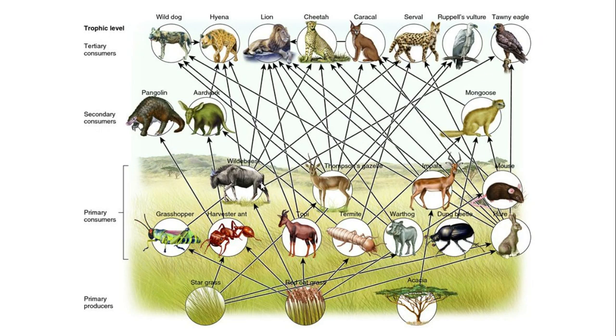If this wildebeest dies off, we're going to see that all these other species have many other options to get their energy from. Whereas the tawny eagle only has one other source, according to this food web, which would be the mouse. So competition is going to drastically increase for the mice in this ecosystem, which will in turn have effects throughout this whole ecosystem.